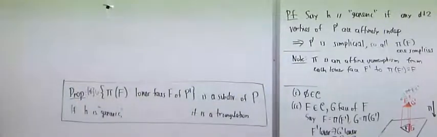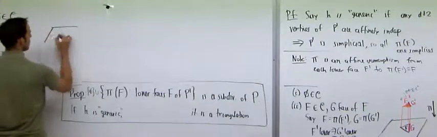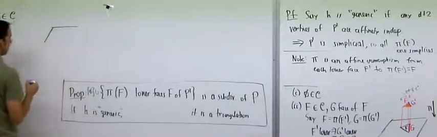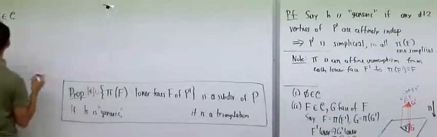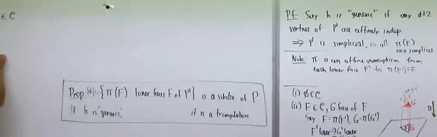Third condition is that you have two faces. You have two faces, F and G. Let's say they're here, F and G. Okay?